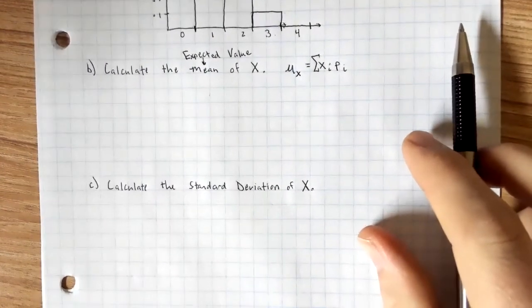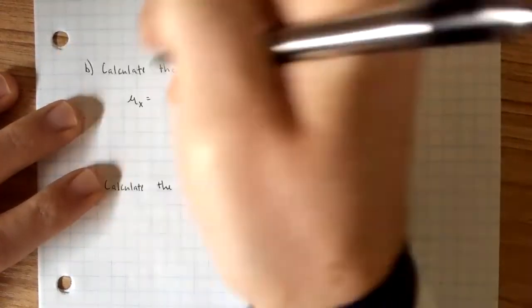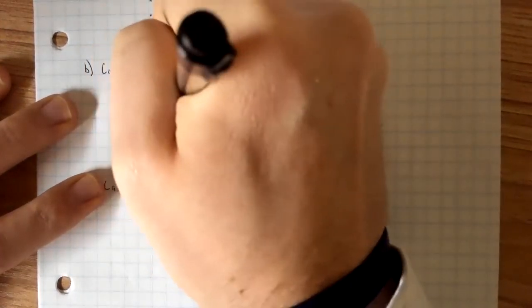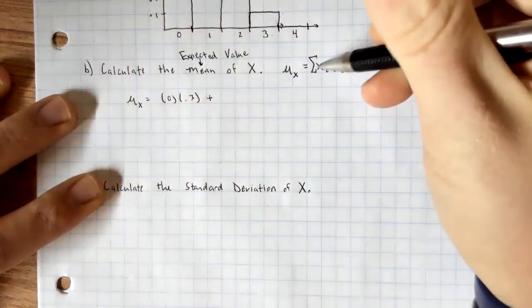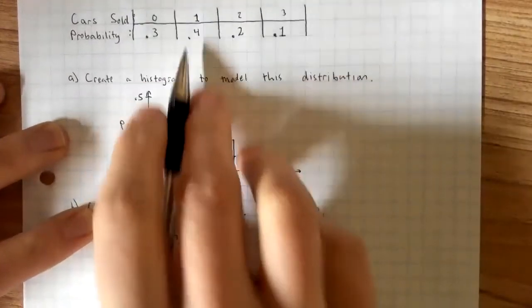Okay, so let's actually calculate this then. The mean of x equals, the first thing we would do is 0 times 0.3. And then we'd add the next value and its associated probability. I'm just getting these straight from the table up here.